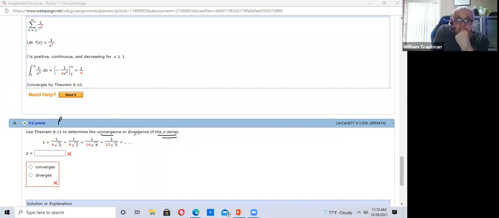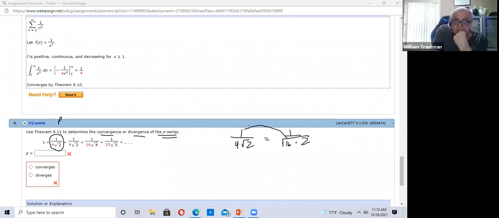And just say whether this converges or diverges. So I want to look at the second term, 1/4 square root of 2. Now, if you look at the 4 on the outside, you can rewrite this if you wanted to. 4 is the square root of 16, right?